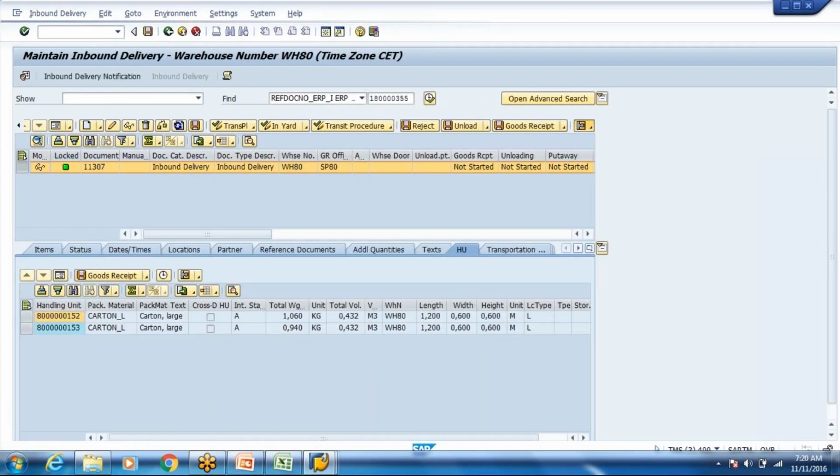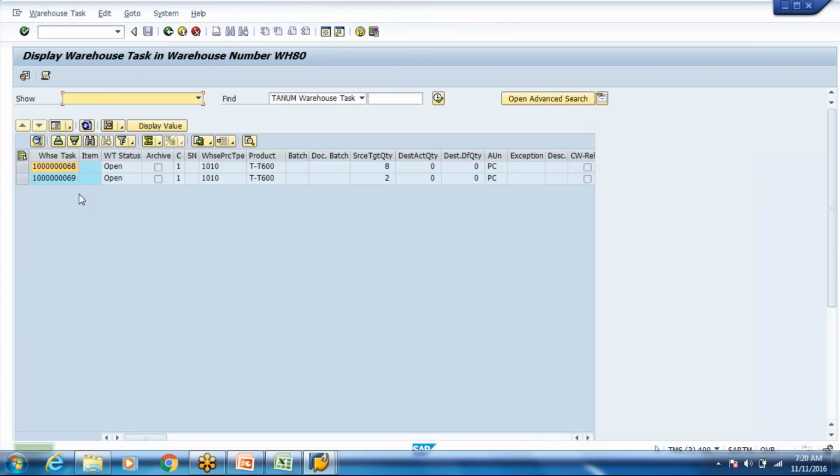So I have cancelled the PPF, so now after task cancellation, I should not create another task.